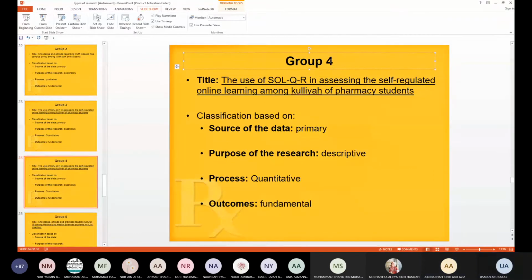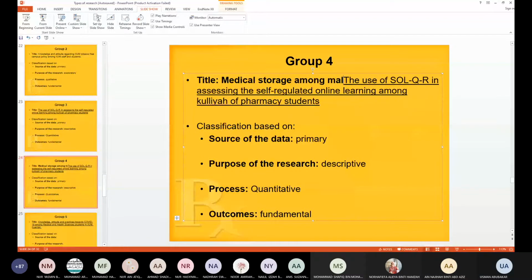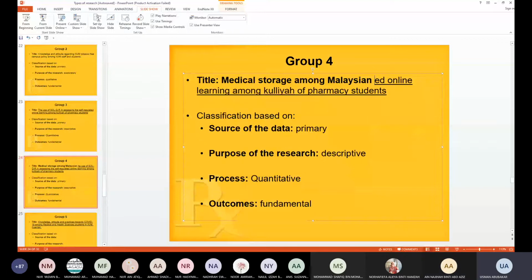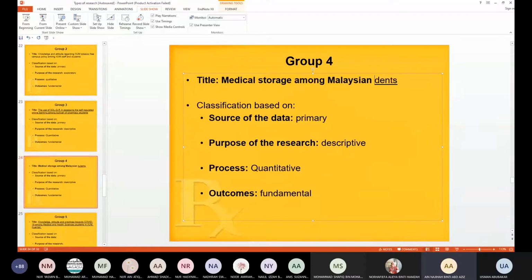Hello, sister. Sir, can you take the title again? I didn't hear you. You said something before medication storage and disposal among Malaysian population. Is it knowledge or what? What are you exploring? Knowledge or what?